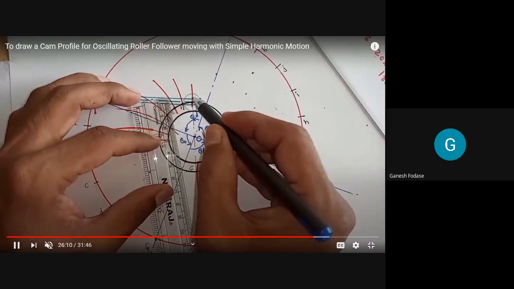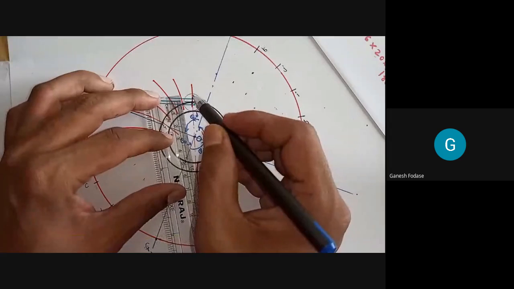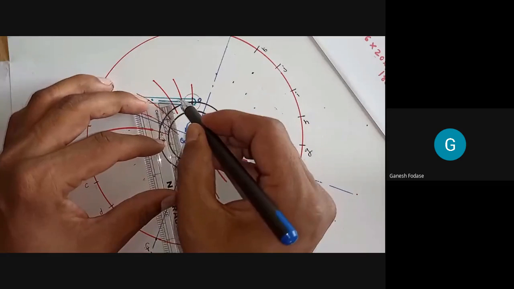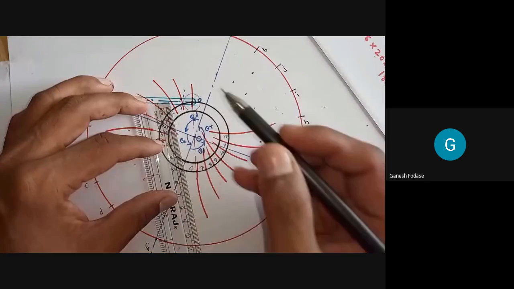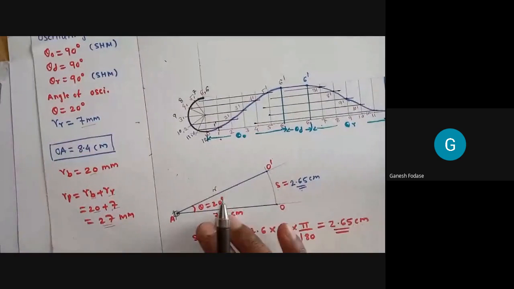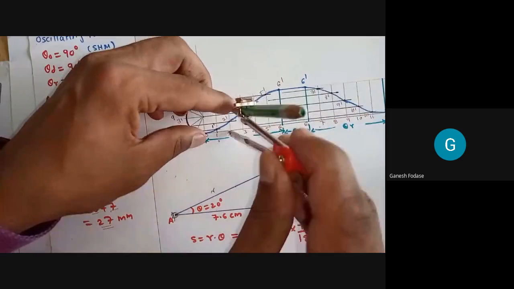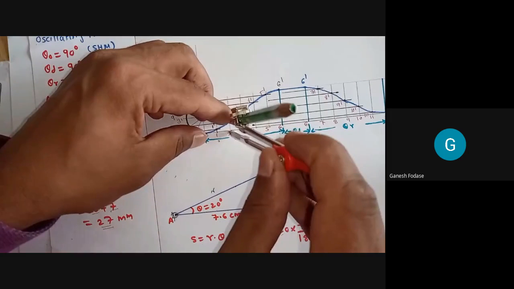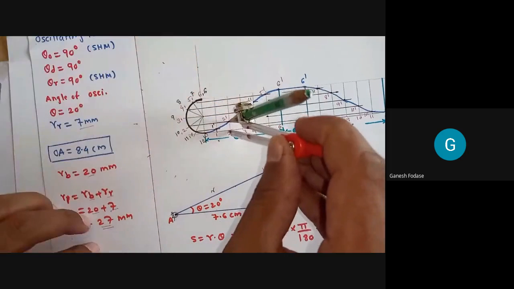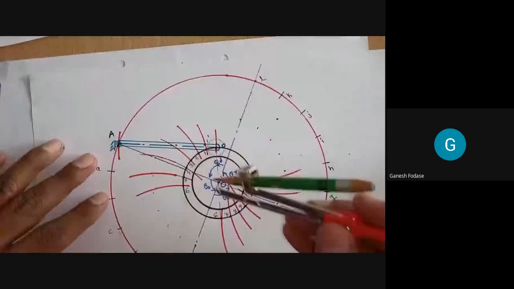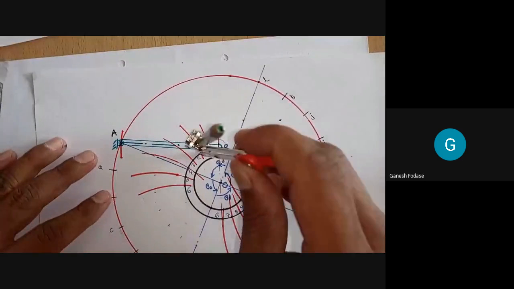So 1, 1 dash we mark. Similarly, we have to mark next points. It is 2, 2 dash, and so on. Okay. So similar distance we are transferring. So we are getting 1 dash, 2 dash, and so on.